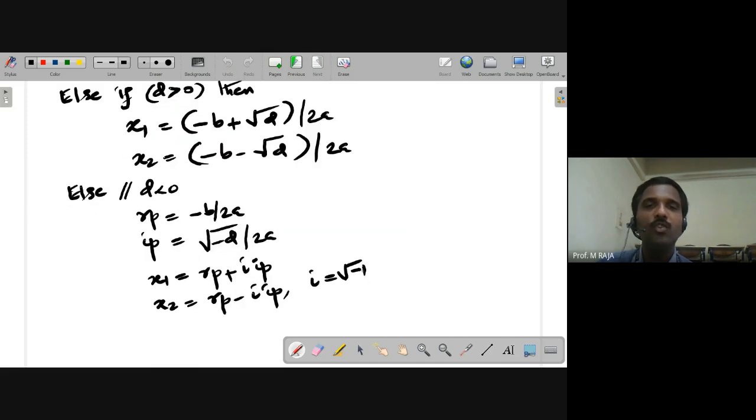If d is 0, and d greater than 0 has been returned, d less than 0 has been processed here. These are the part of this else block. That means when d is less than 0.